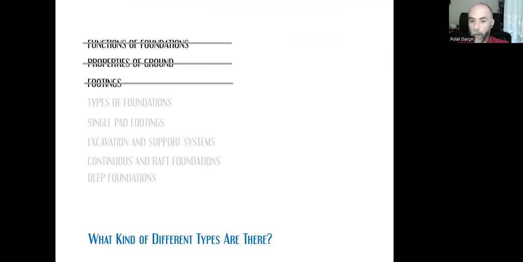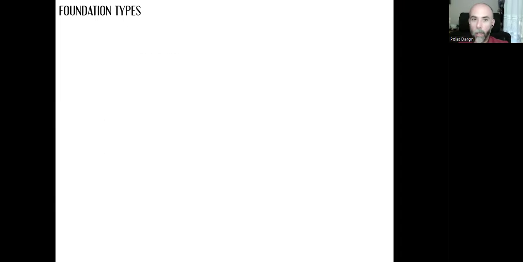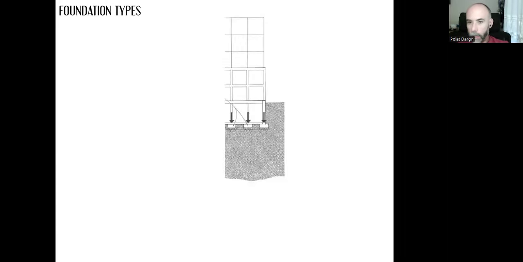What kind of different types are there in terms of foundations? That's the first type, obviously. We need to find the depth that is safe for us to construct our footings. And obviously, at this level, the upper surface of the ground needs to have the required minimum bearing capacity.